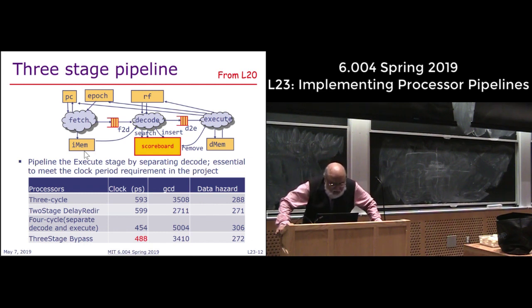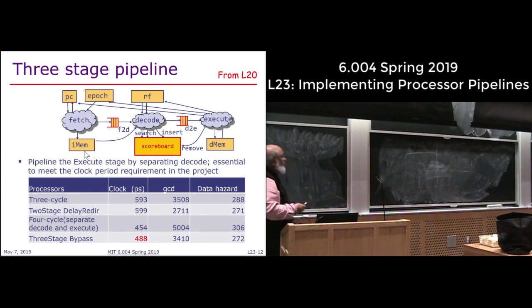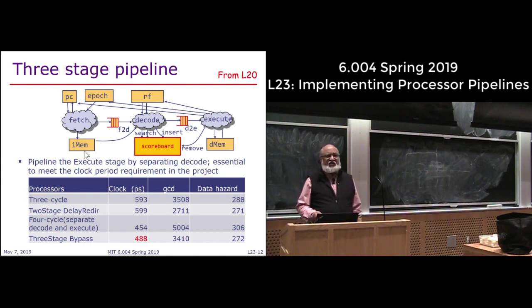The clock went down from 593 to 454. That's a huge improvement in clock, right? Of course, the number of cycles to do the program went up from 3,500 to 5,000, but you also gained quite a bit in the clock speed.